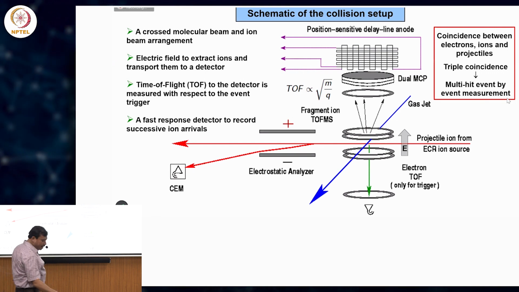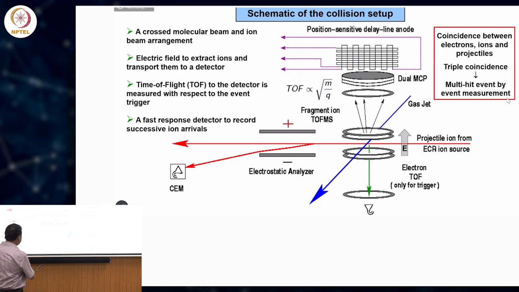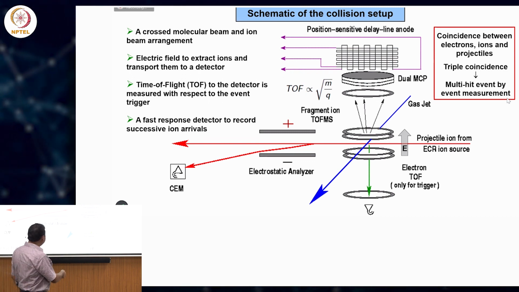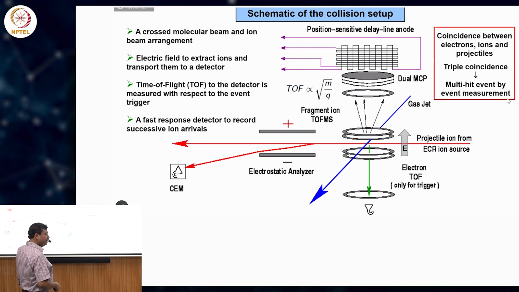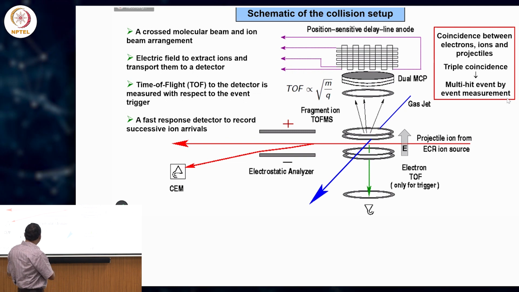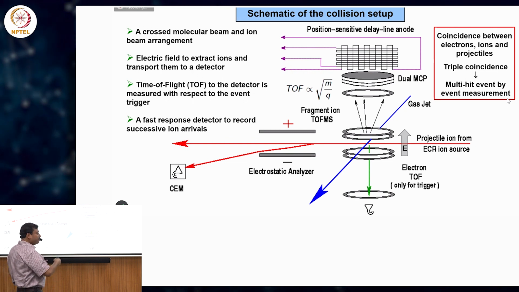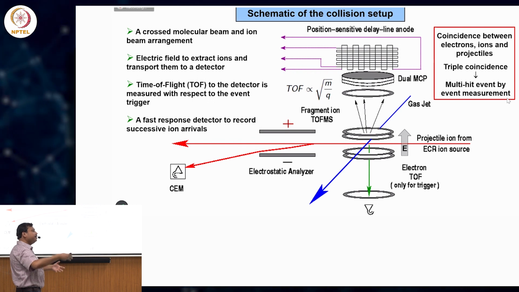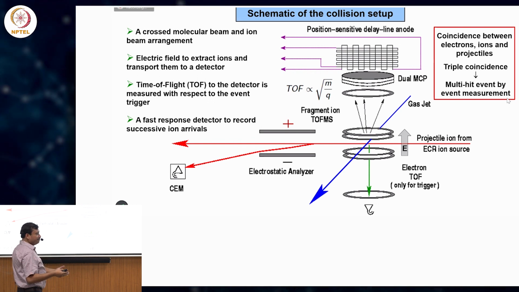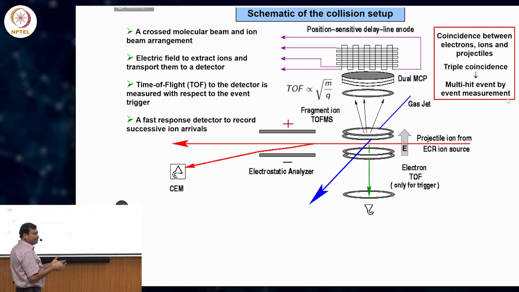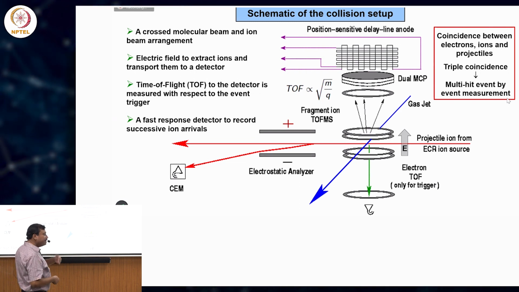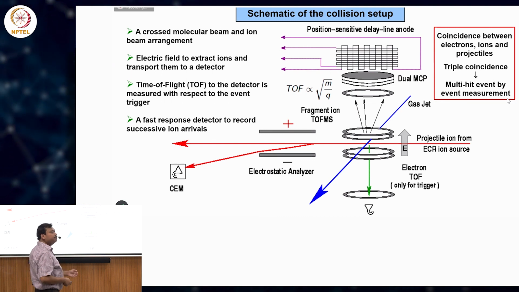But if you have only a single capture, you know that this projectile has captured only one single electron and became argon 7 plus. So you have a much better chance of looking at the time of flight where you have undissociated molecules. Therefore the electron trigger and the charge exchange projectile trigger both become so important.